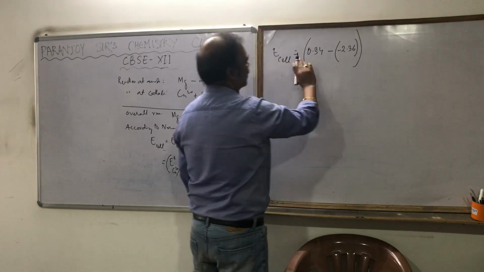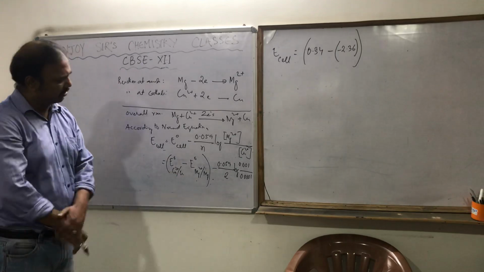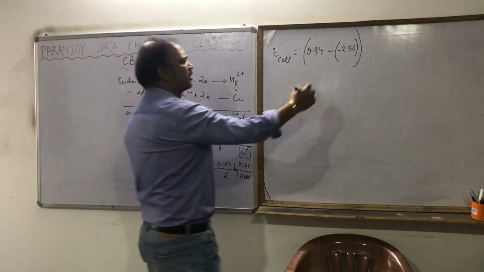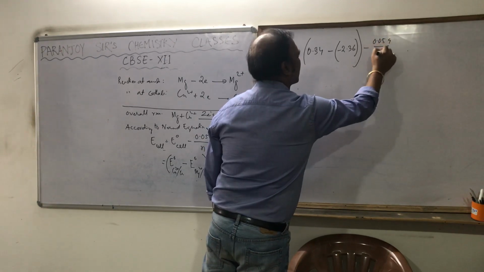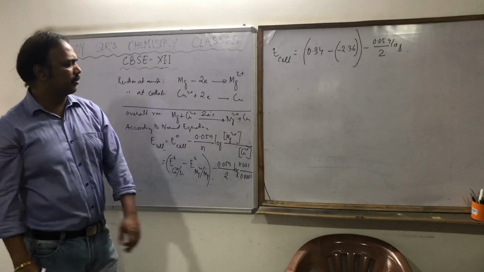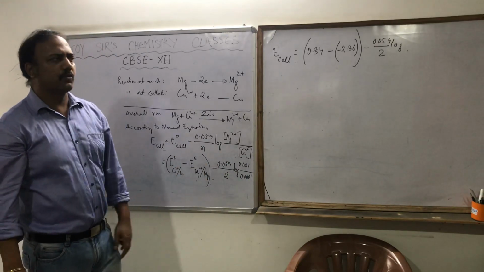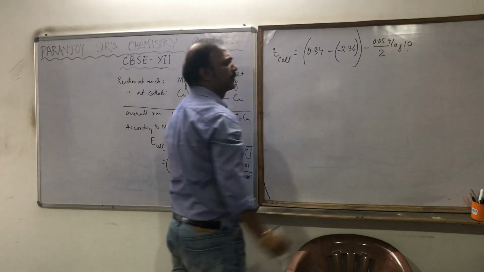So it is 0.34 minus of minus 2.36, that is E0 cell, minus 0.059 divided by 2 log of 0.001 divided by 0.0001, which is nothing but 10.